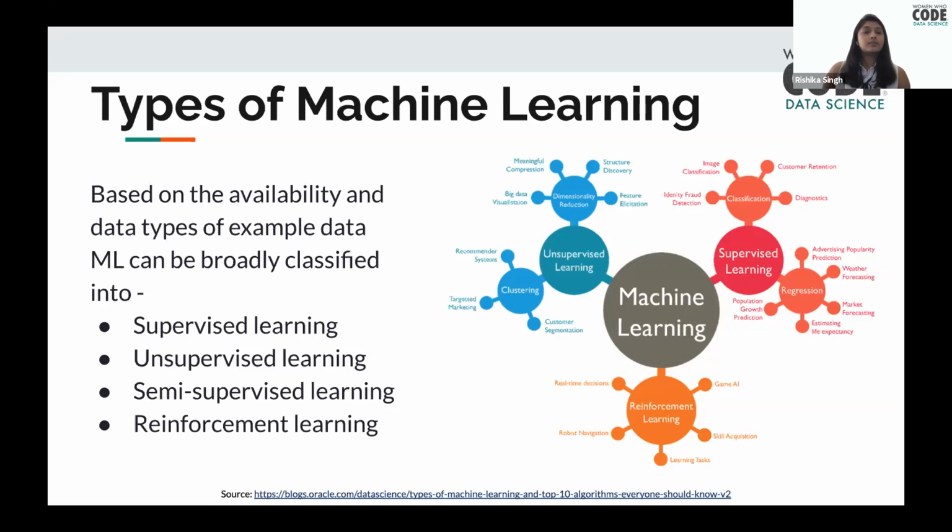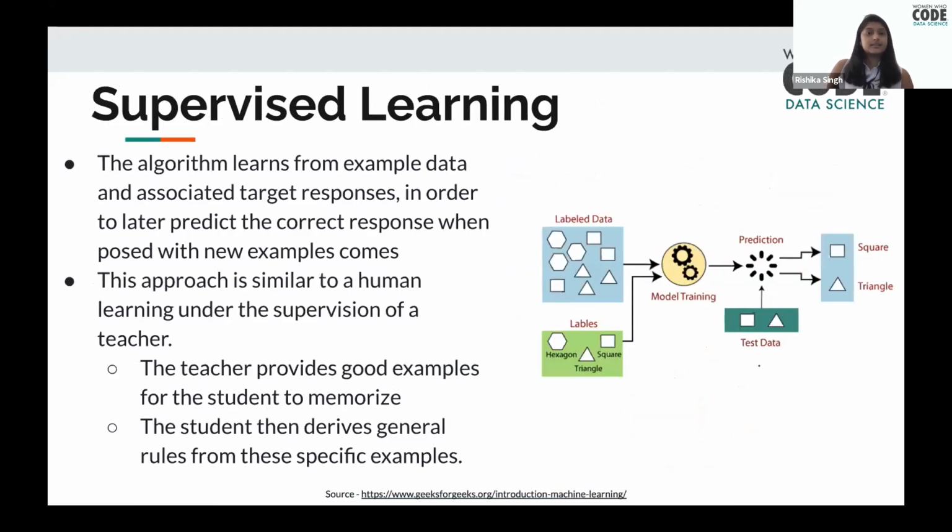These encompass several subcategories, but today we're going to be discussing supervised learning and unsupervised learning, which come under learning problems. Then we have semi-supervised learning, which comes under hybrid learning problems, and then reinforcement learning, which also comes under learning problems. So let's get into it.